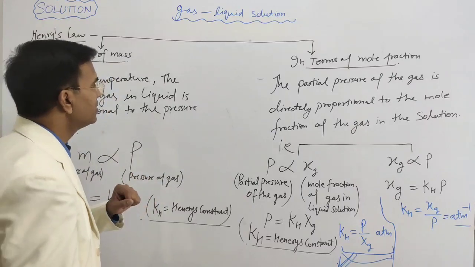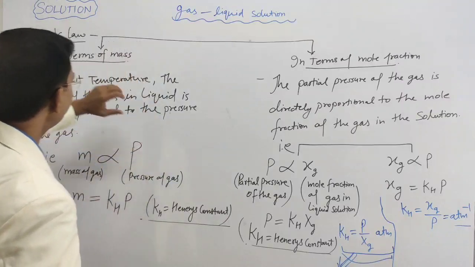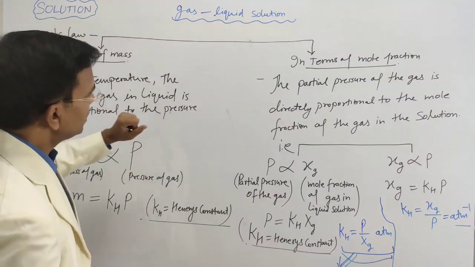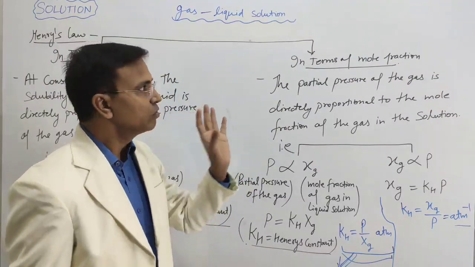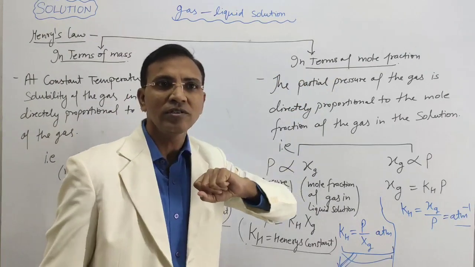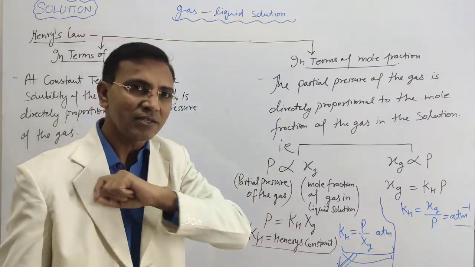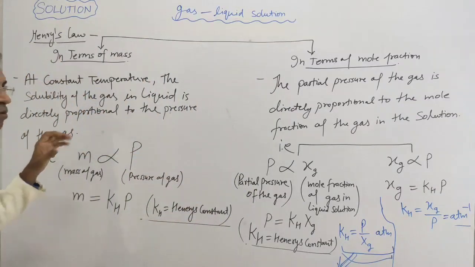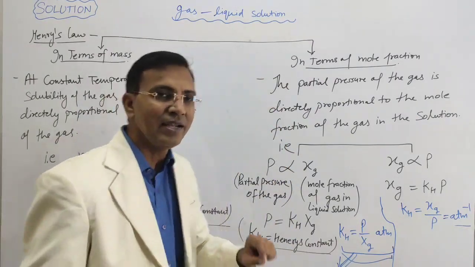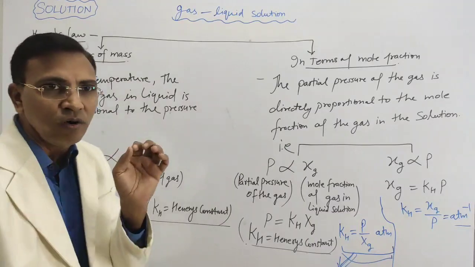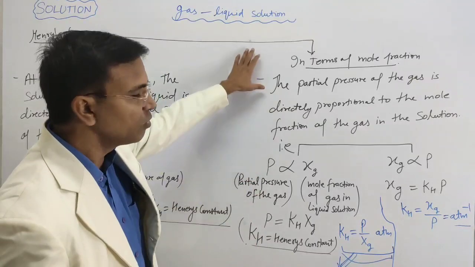The main thing is, I have given these here in two terms. One is mole fraction, one is mass. So you may use any one. Nothing is different in both of these kinds, because mole fraction also represents the mass in the solution. So both reflect the mass, the only difference is that it is in terms of mole fraction and the other is in terms of mass, right?